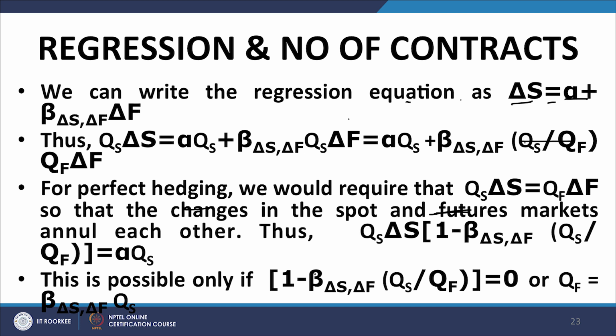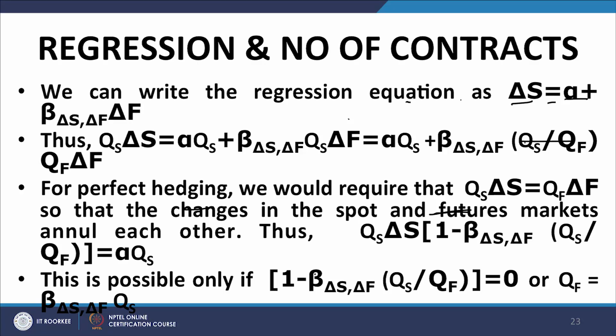Now, multiplying throughout by QS, which is a real number, the number of units of the exposed asset, we get this expression. Again, we can write QS delta F as QS upon QF into QF delta F, simply multiplying and dividing by QF.